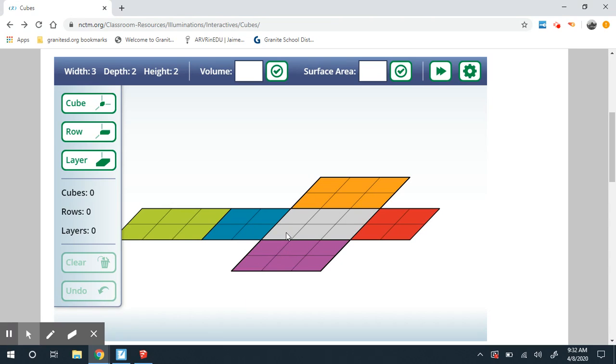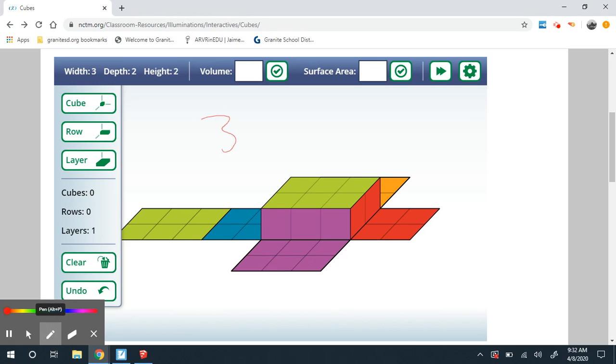And what we can see, and this is a model of that same exact rectangular prism, is that the bottom, our base level, is made up of 3 units by 2 units. So if we add a layer in here, we get 1, 2, 3, 4, 5, 6, because 3 times 2 equals 6.